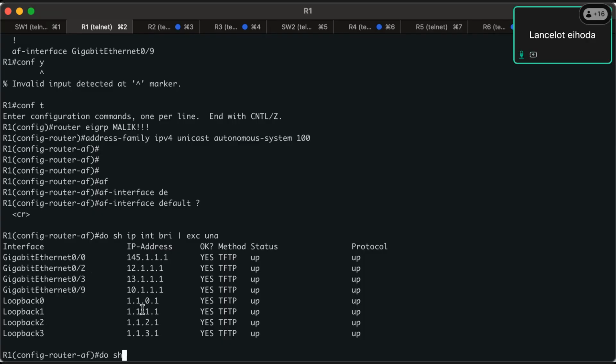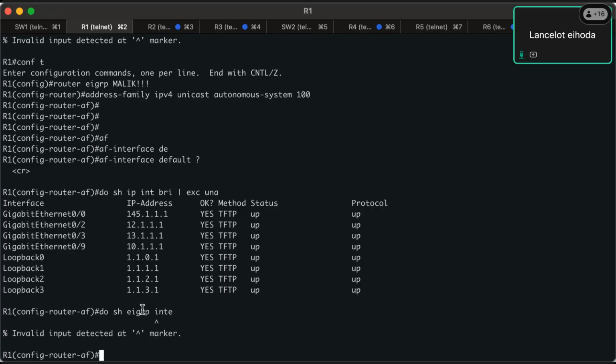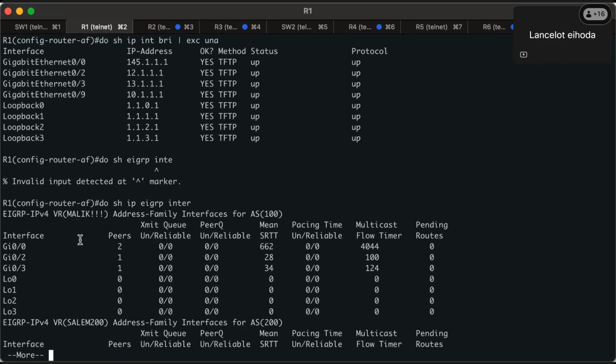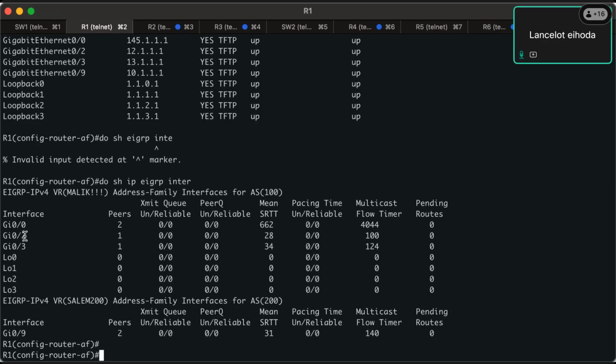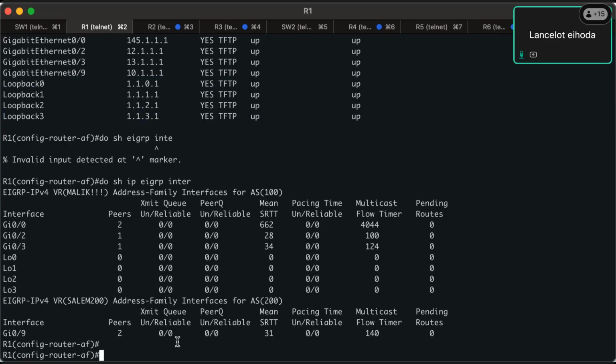So if you do a show EIGRP interfaces, these are the ones under AS100 under Malik, and they are G0/2, G0/3, and all of that. So we need to go under that interface and then summarize all these loopback addresses as one particular summary address.